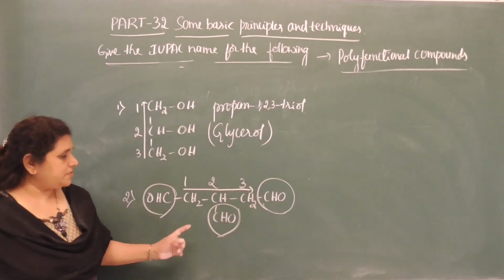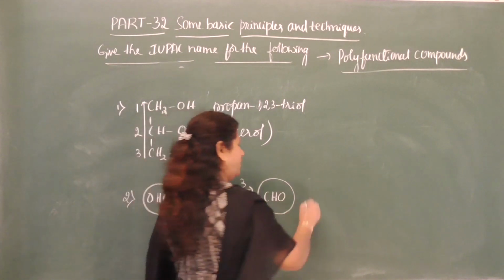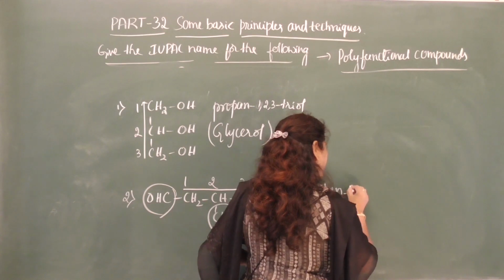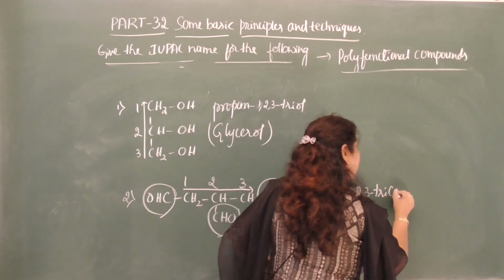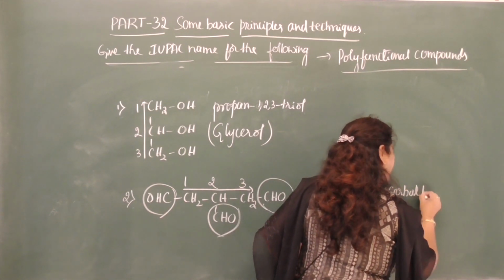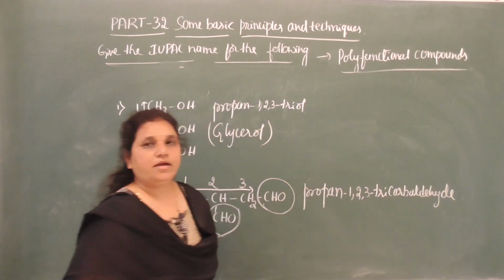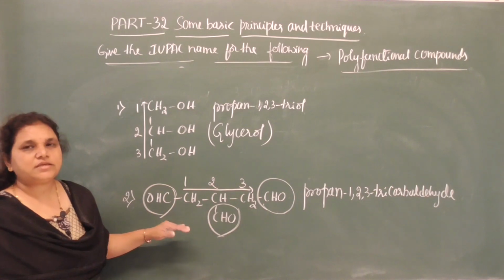Tricarbaldehyde. What is the position? On first carbon, second carbon and the third carbon. Therefore, propane 1, 2, 3 tricarbaldehyde is the IUPAC name of this compound.